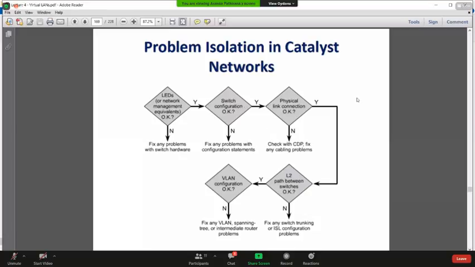Then once configurations are done properly, look into the physical link connection again. It should be addressed at the early stage as well. By looking at the LEDs, you have to make sure that all LEDs are working. I think this is a stage: what does CDP stand for? I'm not sure about that. Check with CDP, fix any cabling problem.